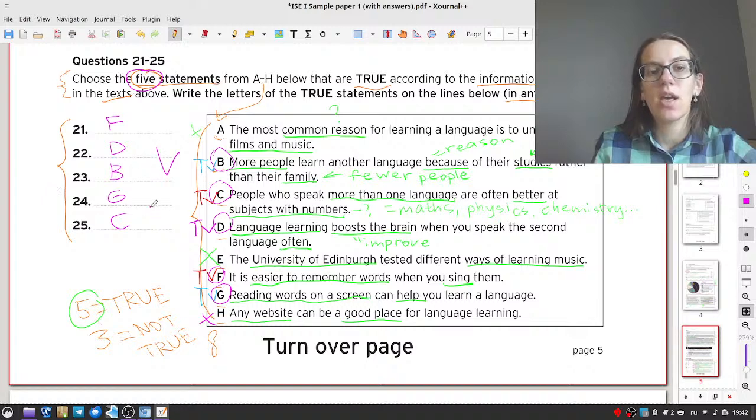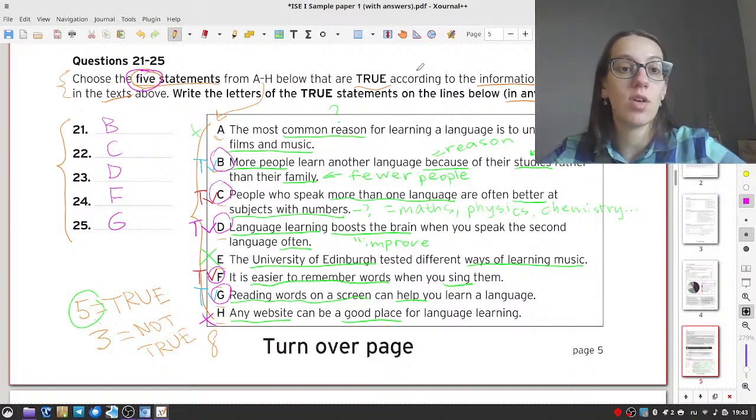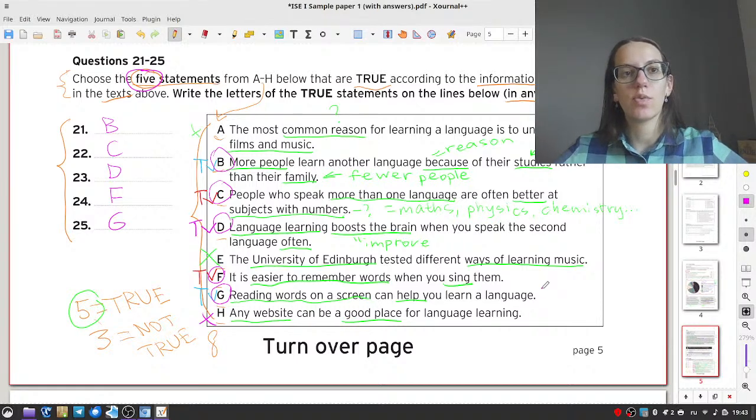That's going to give you full marks anyway, so it doesn't matter in what order you put them. Just to not confuse you though, I will put them in alphabetical order. But the order doesn't matter, it's only important that it's the right letters. So we are done with questions 21 through 25, and we've just got one other task left.